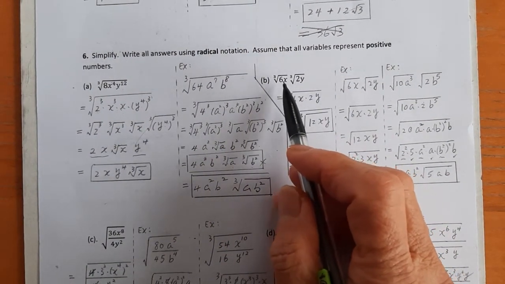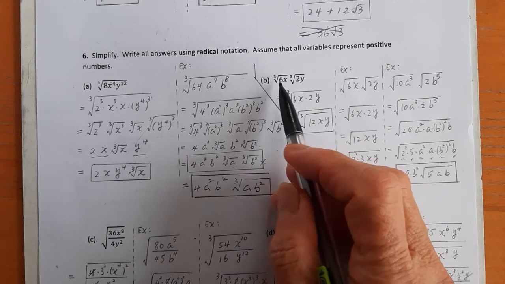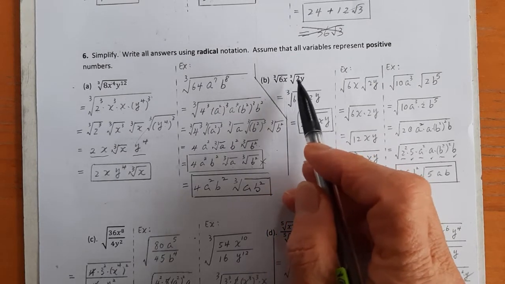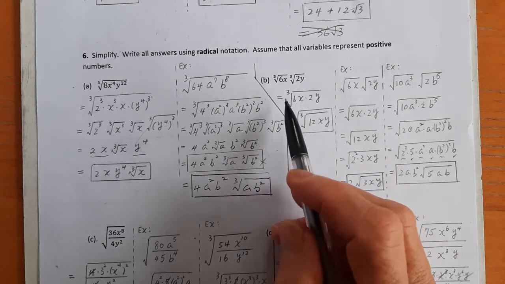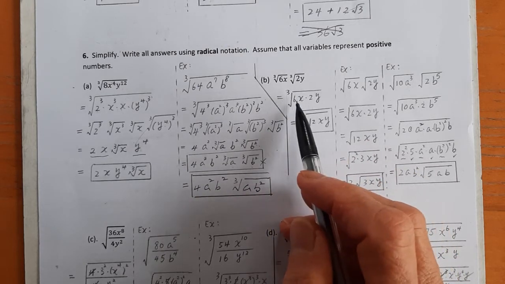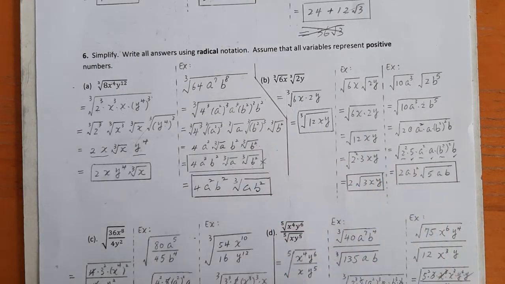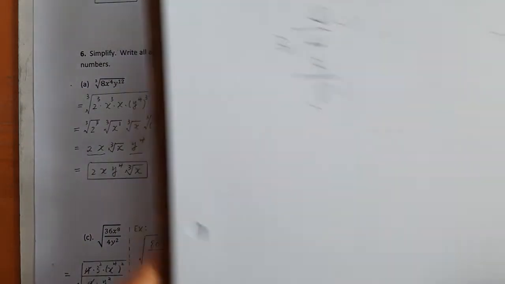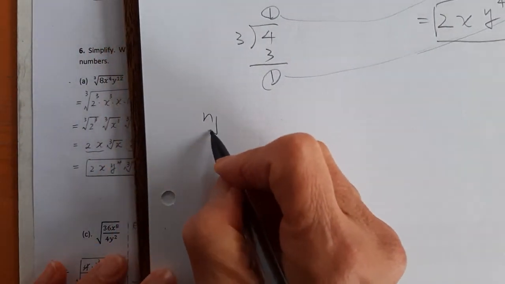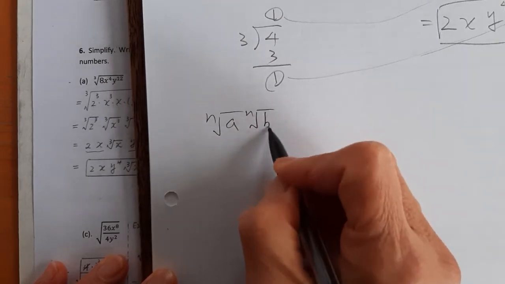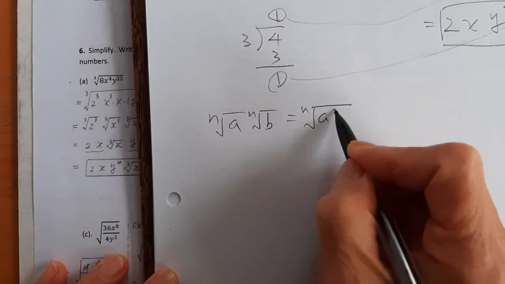And radical, cubic root of 6x times cubic root of 2y. So you can put cubic root of, use the product rule. Product rule, it's n root of a times n root of b equals n root of a times b.